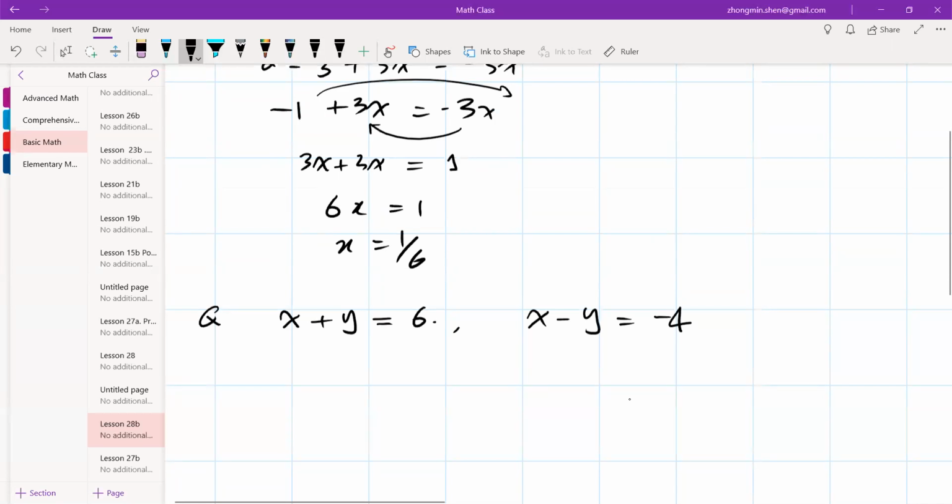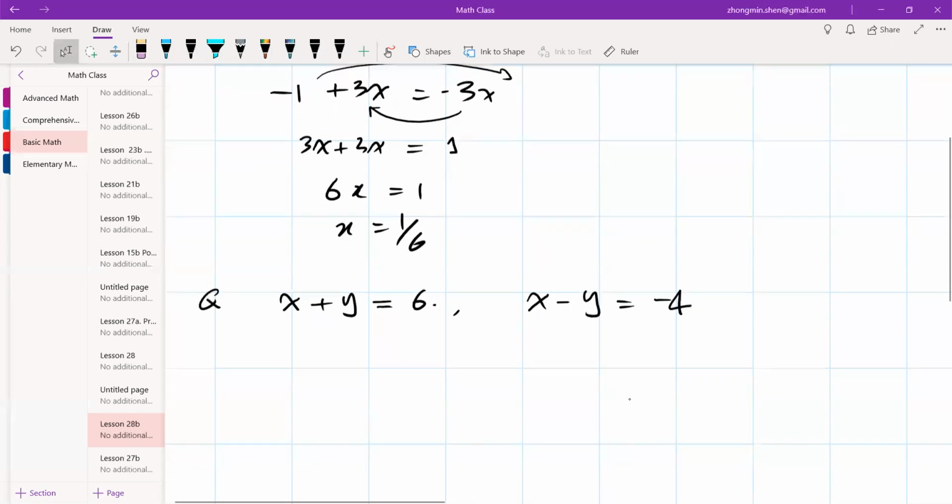So now you have 2 variables related by 2 equations: x plus y equals 6, x minus y equals -4. Why do we have to do problems like that? Suppose I give you a story problem. If you have 2 variables, how do you do that?